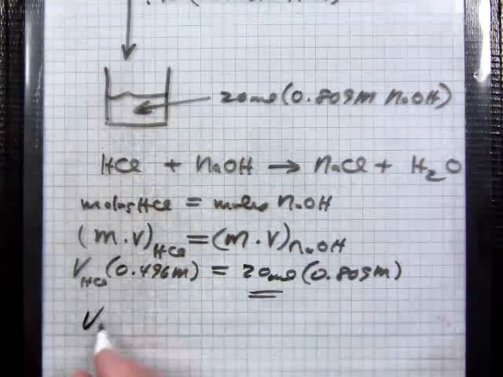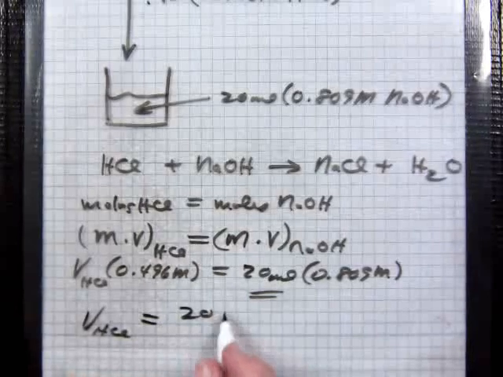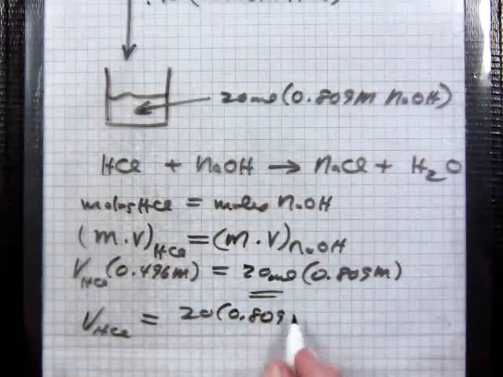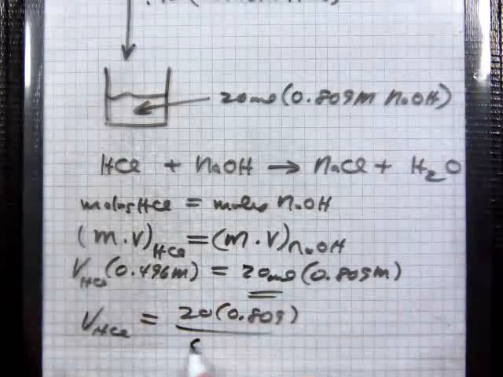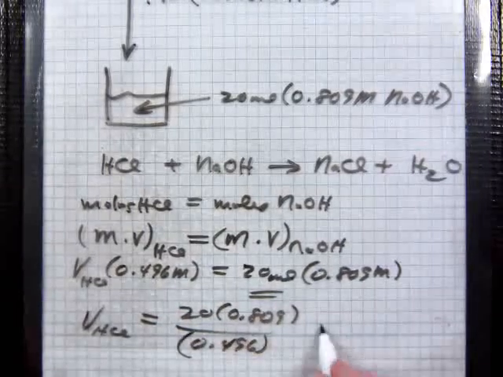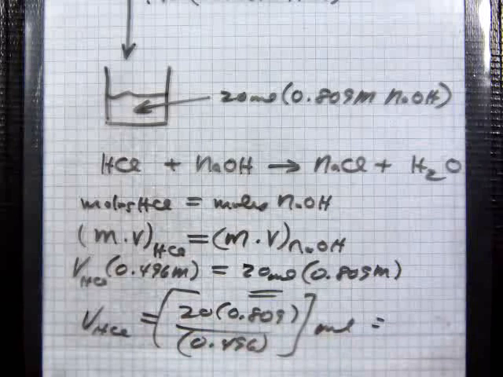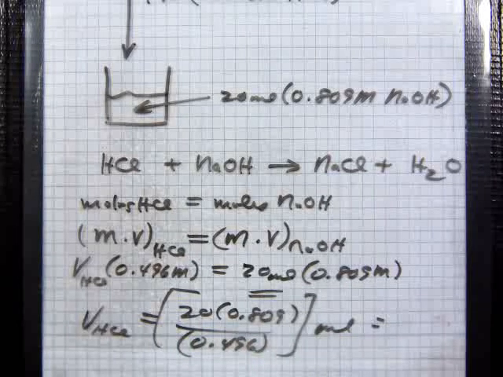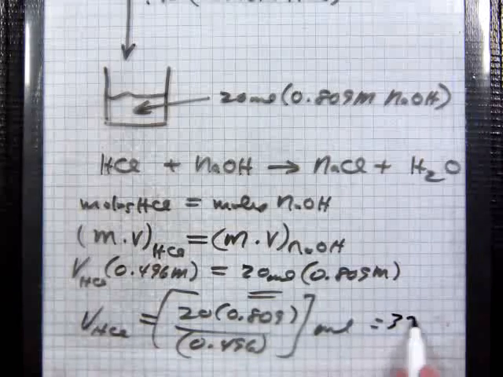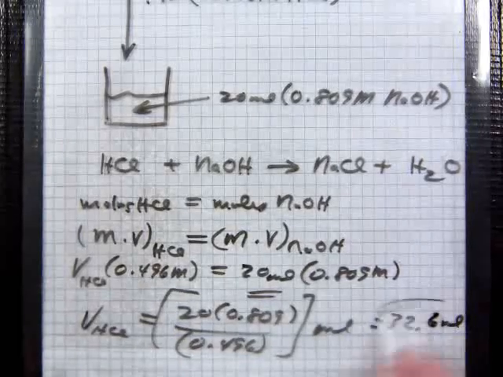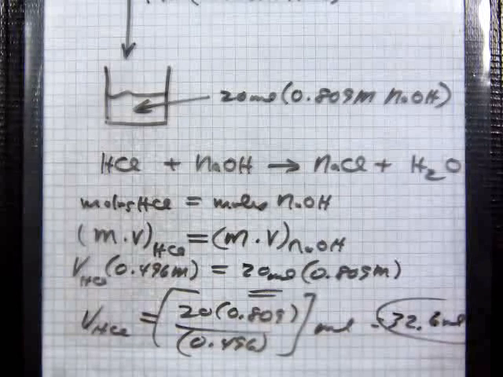So our volume of HCl in this one is 20 times 0.809, and molarities cancel out, divided by 0.496, and it all comes out in milliliters. I get 32.6 mils.